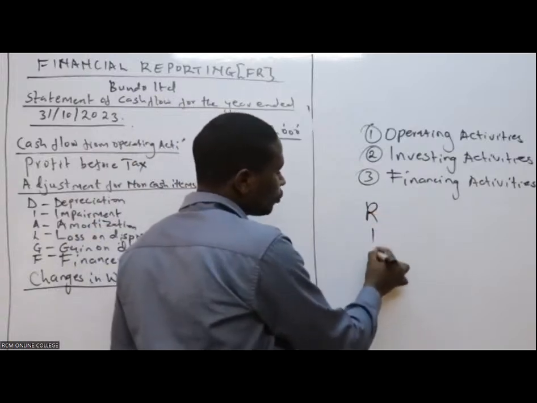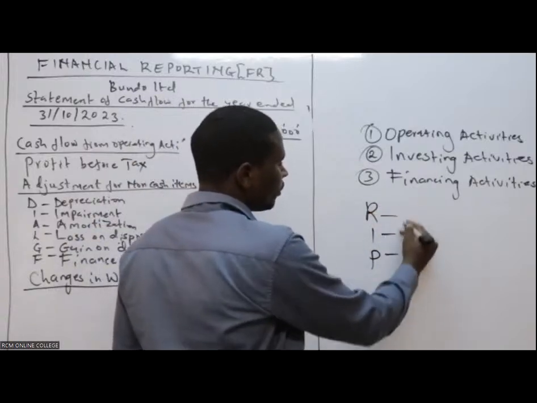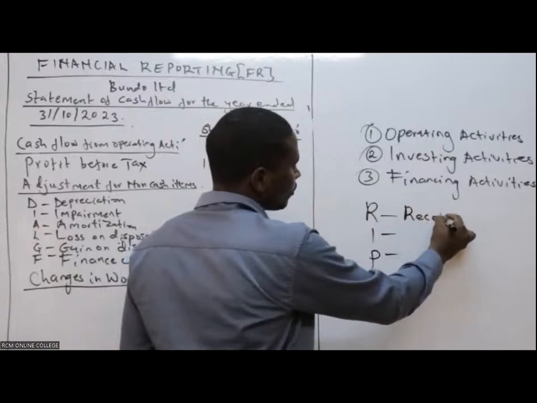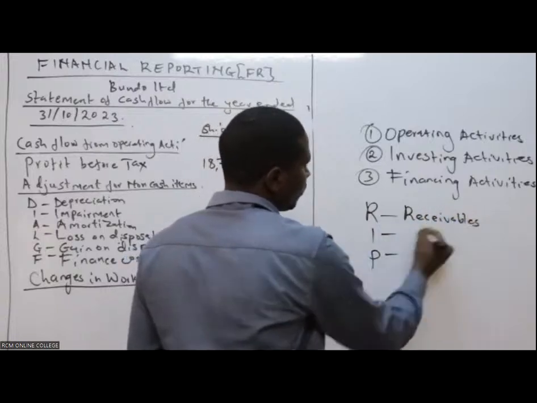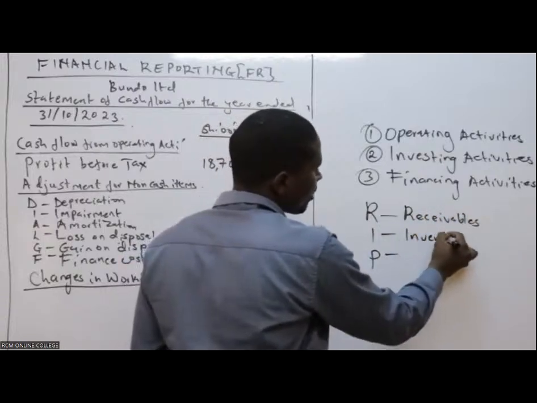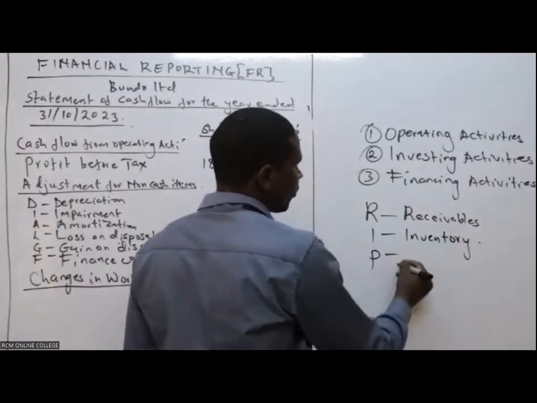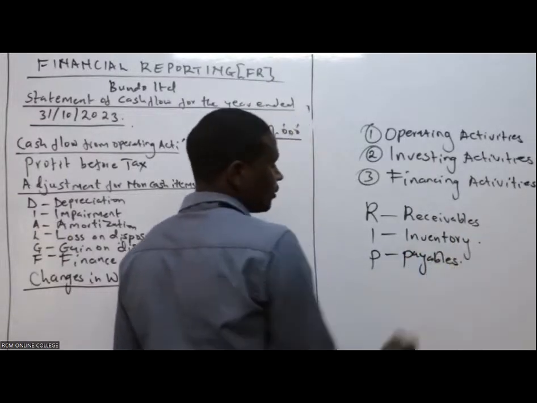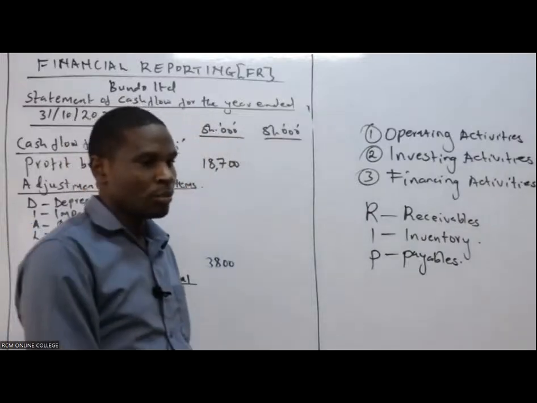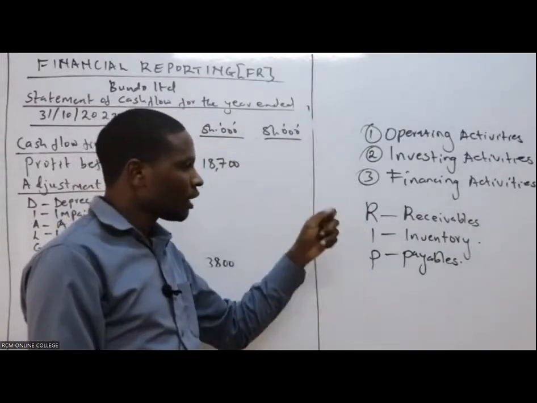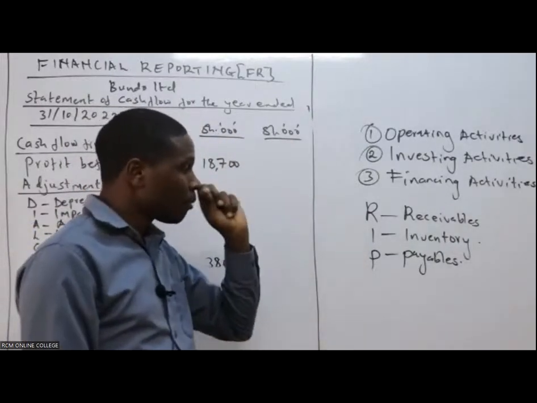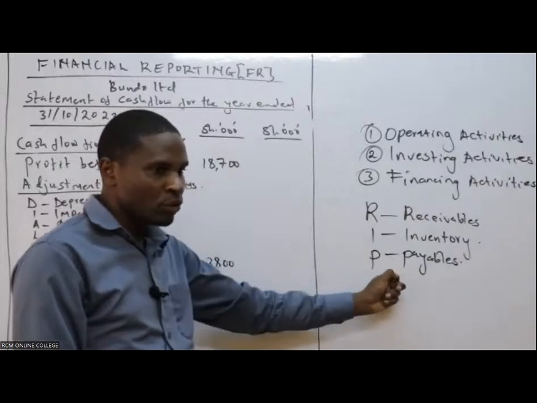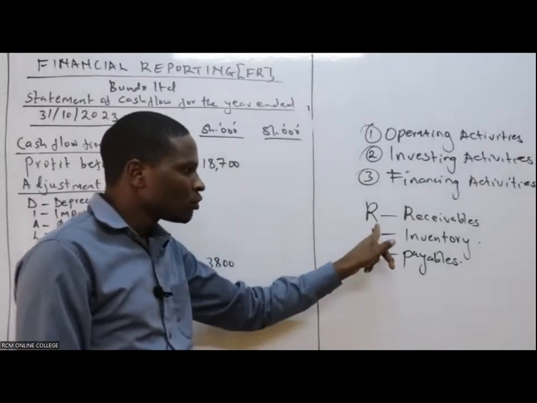Hizi abbreviation msione kama ni za mchezo bwana. Receivables, inventory, unazibeba hizi. And then we have payables. Hizi ndizo major: inventory, receivable and payable. Kama kuna accrual pia itafall here. Prepayment inaweza kuja ifall here.